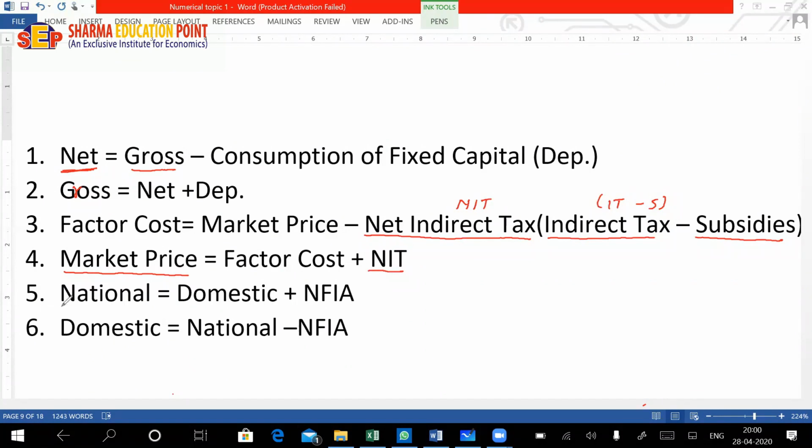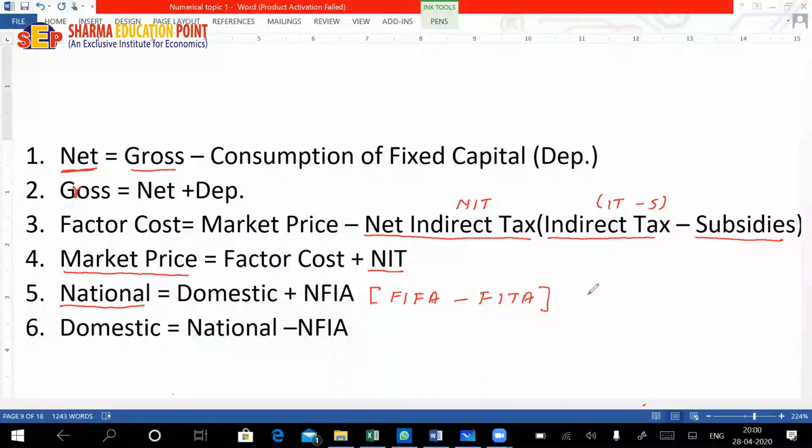And if you want to get anything on national level, there would be domestic plus net factor income from abroad. And net factor income from abroad is calculated as factor income from abroad minus factor income to abroad.